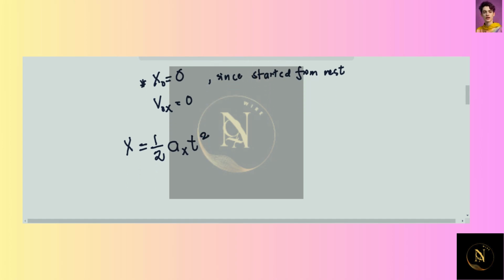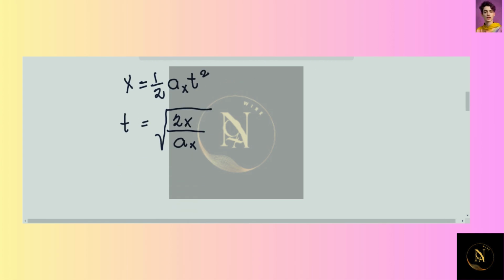Since what we're looking for is the time, let's move it to the left side of the equation. So t just equals to square root of 2 multiplied by the distance over the acceleration. Inserting in this equation the given values we have, then 2 multiplied by the length of the bridge over the acceleration we calculated.